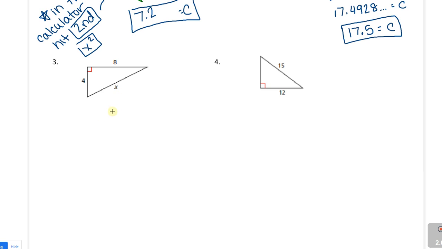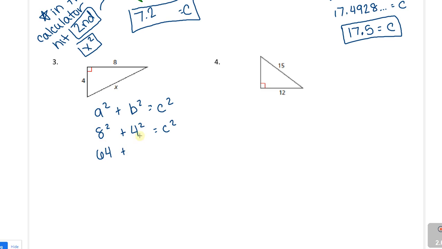Okay, let's check our work. So we have two side lengths of 8 and 4, and then our hypotenuse is unknown, so we need to find that value. So let's use the Pythagorean Theorem, a squared plus b squared equaling c squared. Substitute in 8 squared plus 4 squared equals c squared. 8 squared is 64.